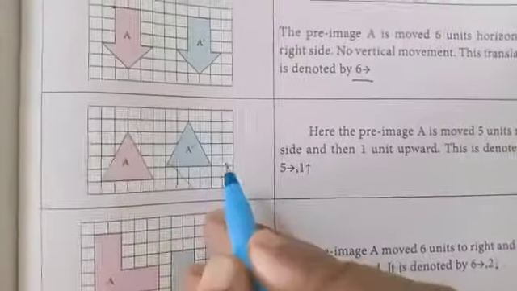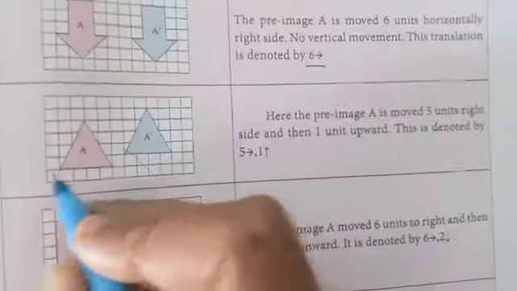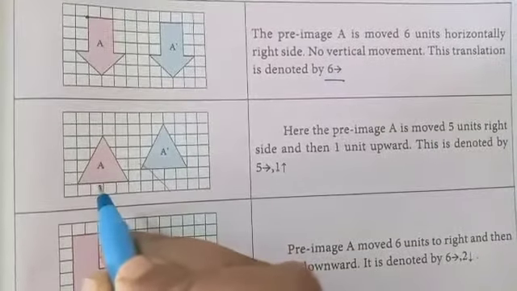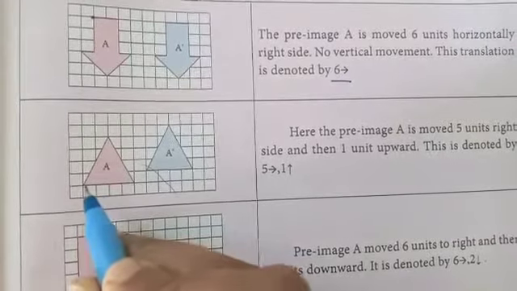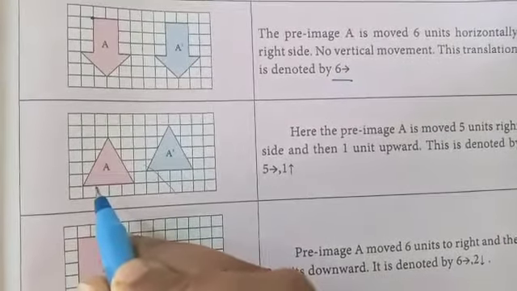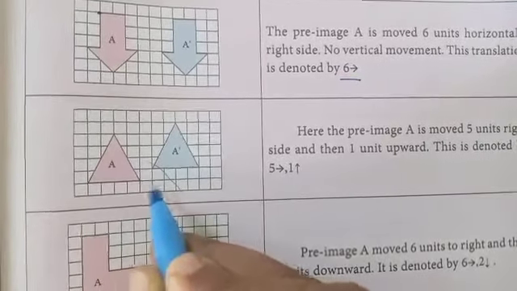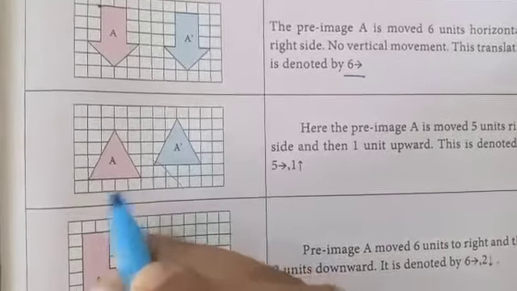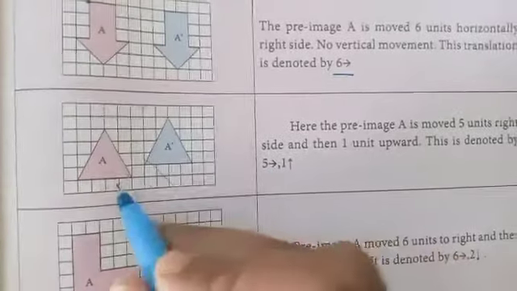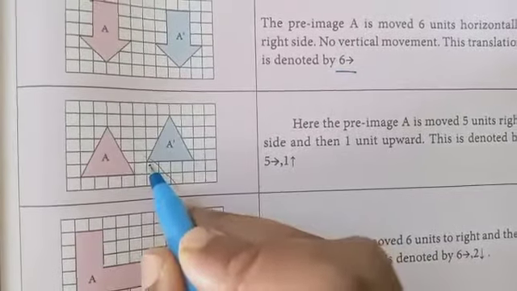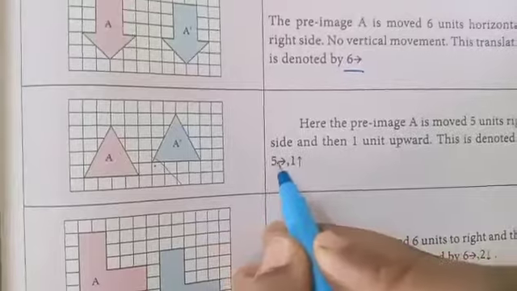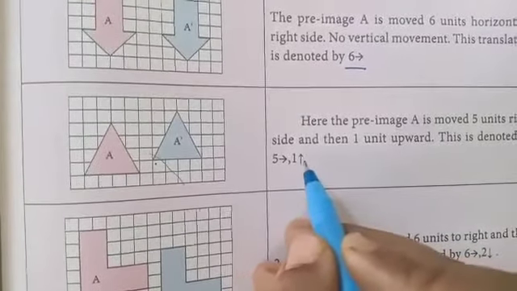Then see, this is a pre-image and this is an image. We count from the next point, 1, 2, 3, 4, 5. So right side 5, then 1 upward. So 5 right, comma 1 upward.